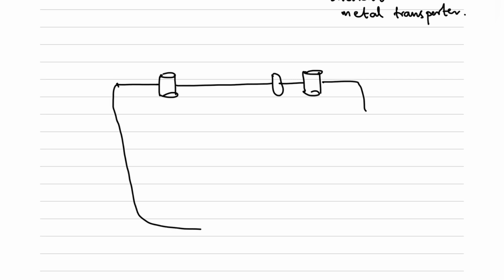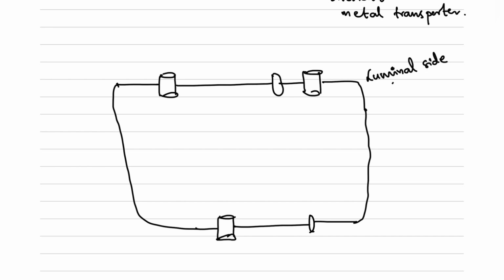Now, if I have to draw a basic cell of the duodenum, this is the basic cell of the duodenum. This is the luminal side of it. Luminal side, I mean the side at which the food enters.